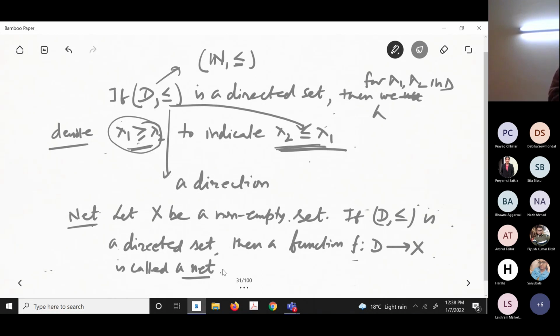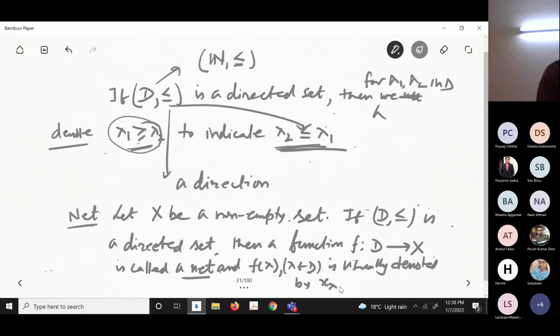And like a sequence, f of lambda, where lambda belongs to D, is usually denoted by x lambda, like x n, x lambda.